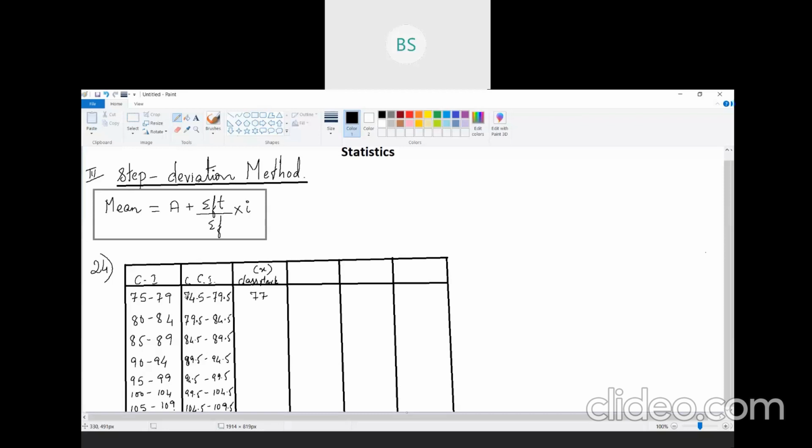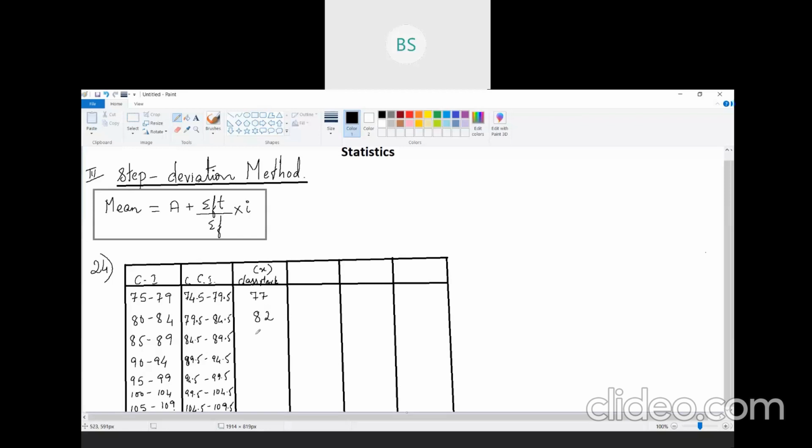Similarly, 79.5 plus 84.5, that is 164, divided by 2 will give you 82.